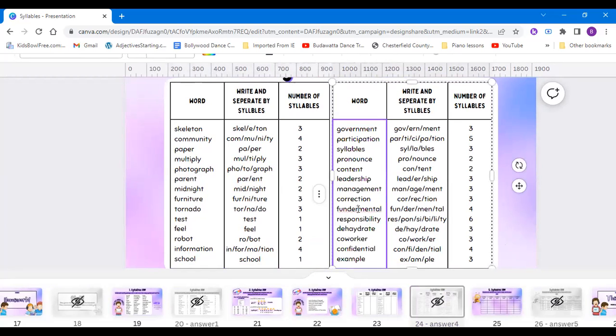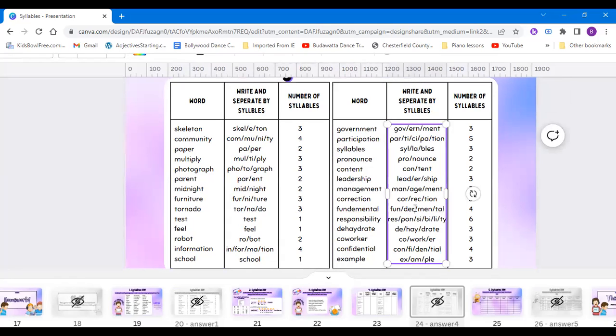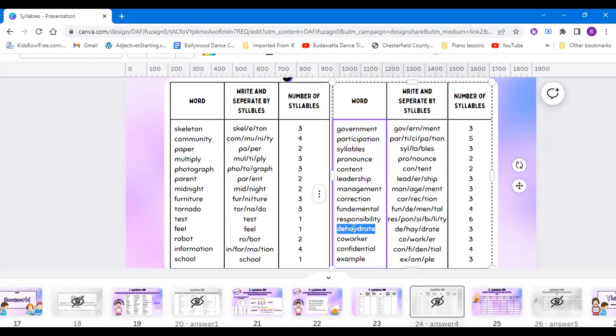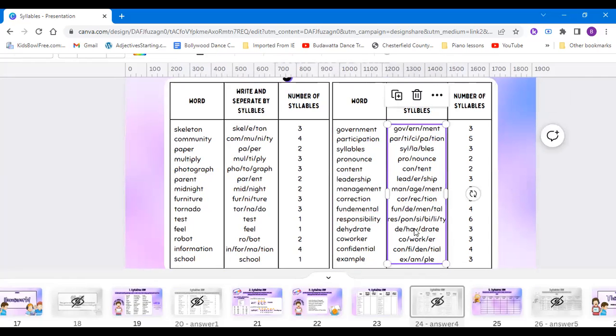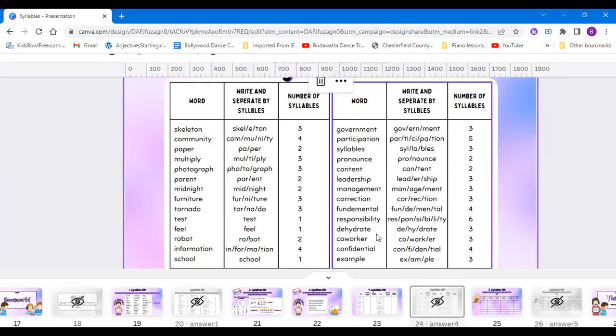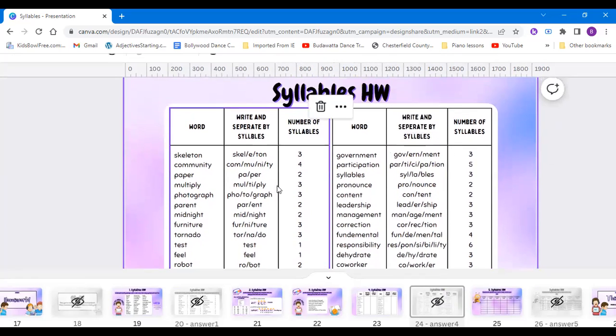Oh, and also here. This should be fundamental. Okay, and this word is dehydrate. Some of the words are spelled wrong in the homework.